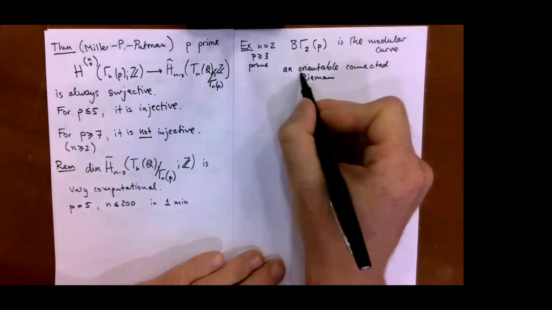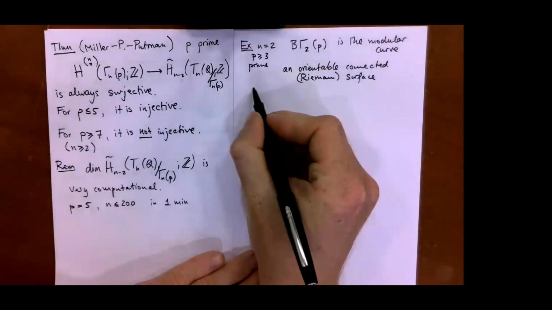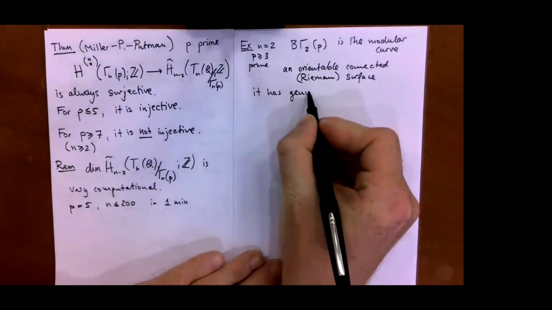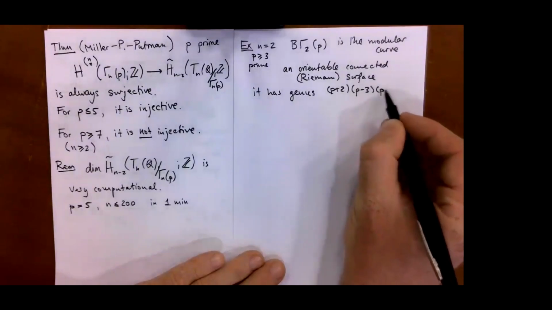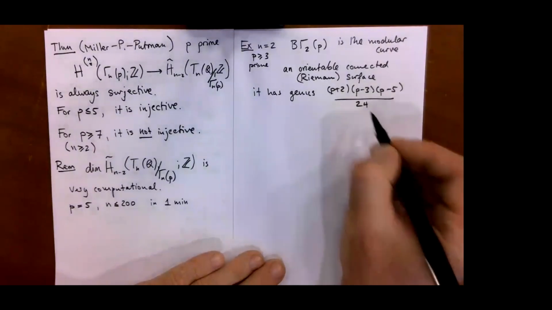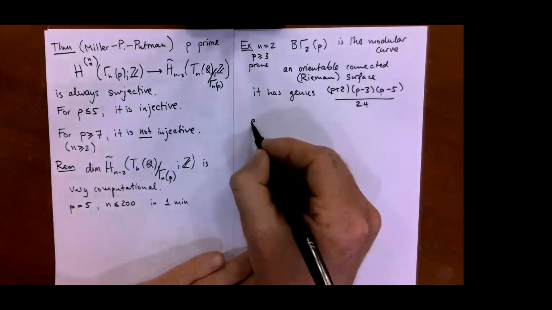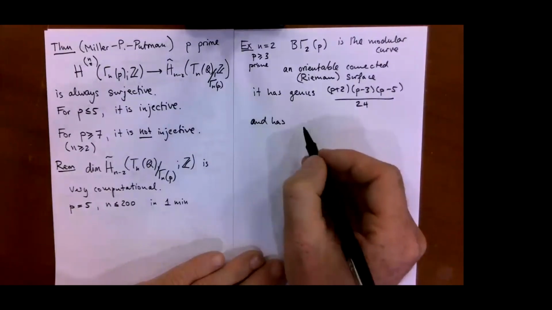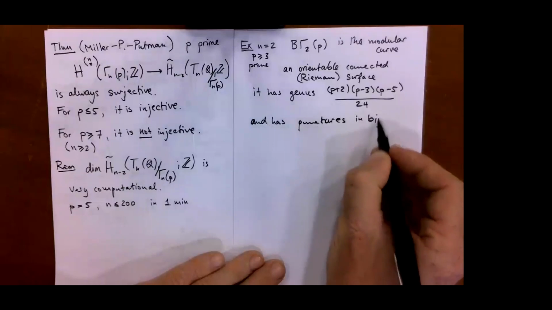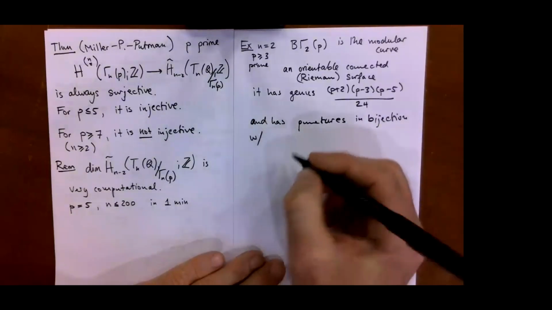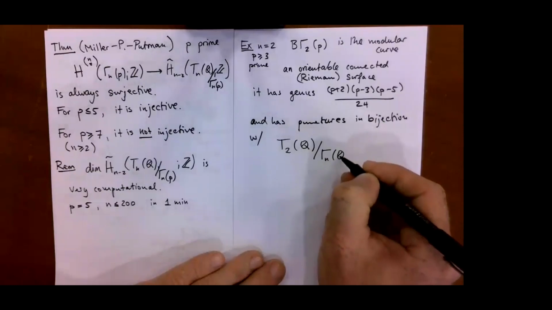And in particular, it has genus (p+2)(p-3)(p-5)/24, and it has punctures in bijection with this.